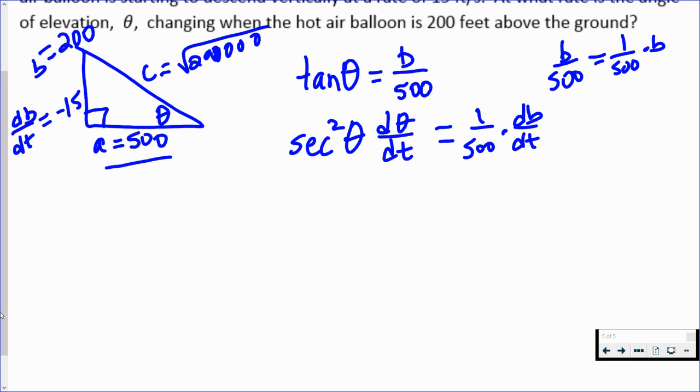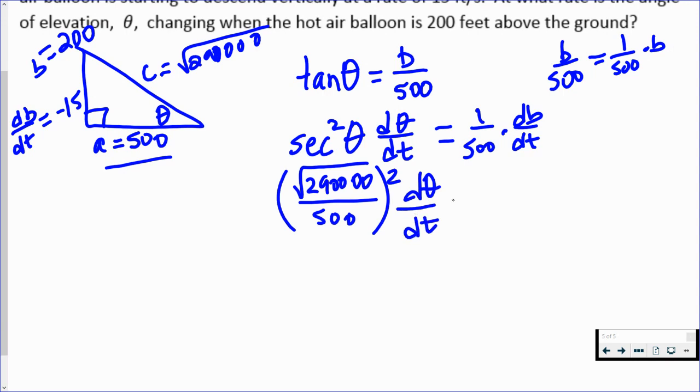So that would be the square root of 290,000 over 500, squared, times d theta/dt, because that's what we're trying to solve for, equals 1 over 500 times dB/dt, which is negative 15.